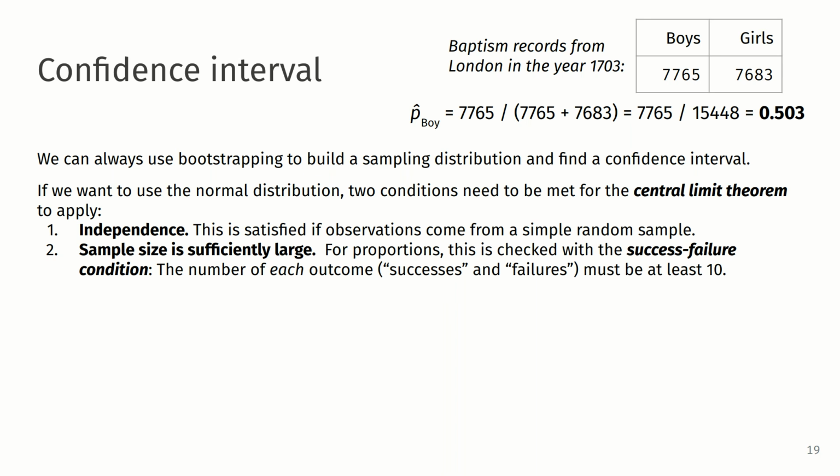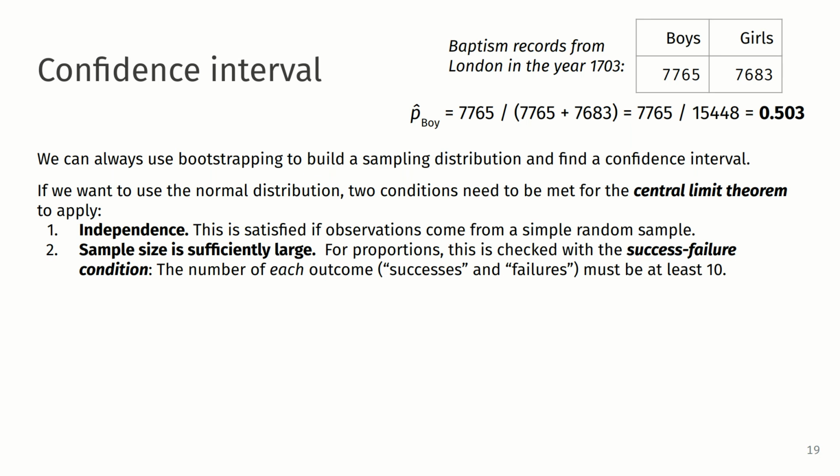The second condition is that the sample size is sufficiently large. For proportions, in other words, for constructing a confidence interval with data like this, where we have counts from two different categories, sample size being sufficiently large is checked with what we call the success-failure condition.